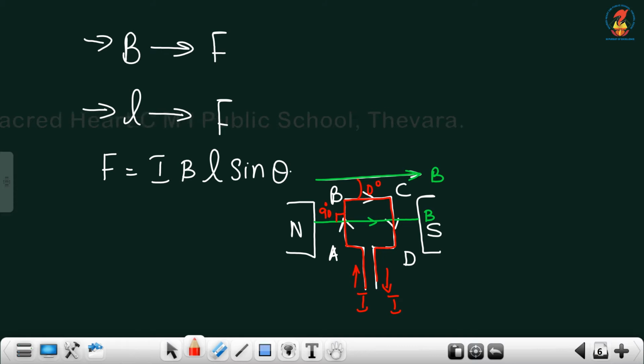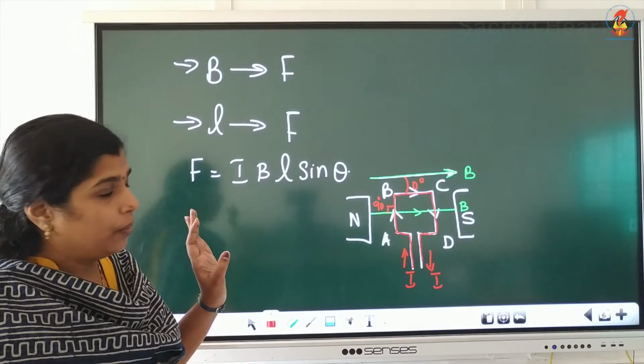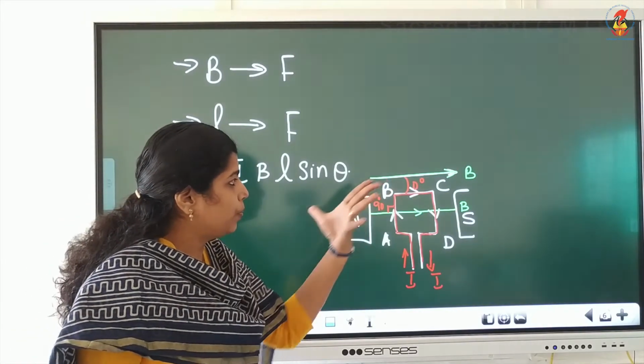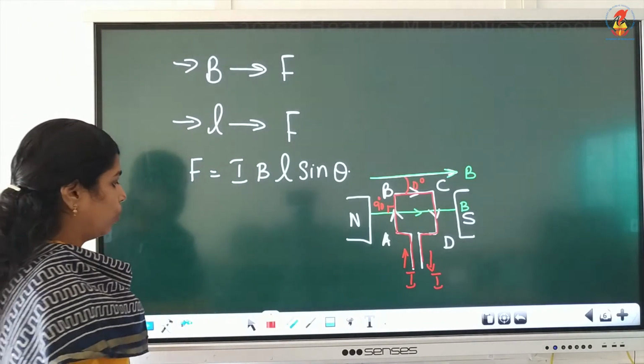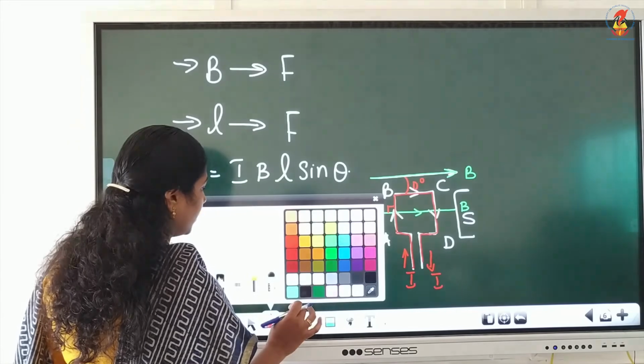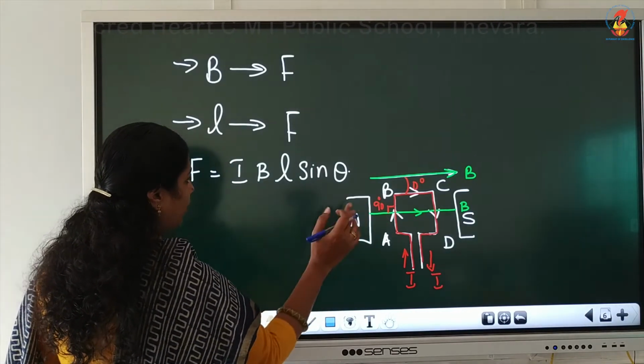When we consider this portion AB, the angle is 90 degree, and when we consider this BC portion, that angle is 0 degree. So, we know sine, you will study the trigonometric values.